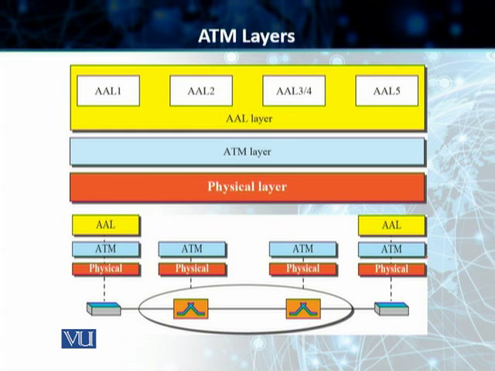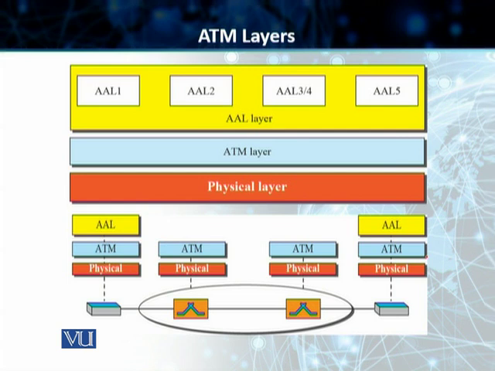Students, just about the different layers in the ATM, we have got the physical layer and the ATM layer, and on top of that you see an AAL layer, or ATM adaptation layer. From top to bottom, these are the ATM adaptation layer, the ATM layer, and the physical layer.